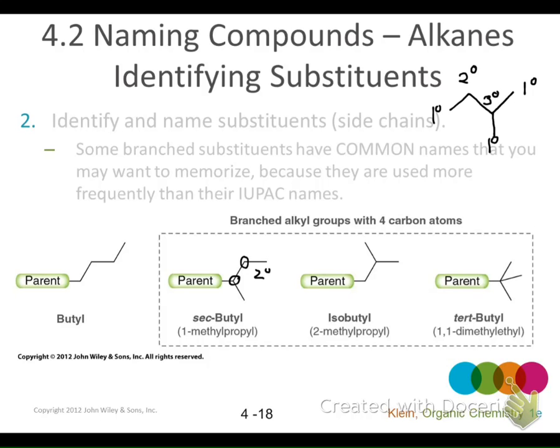And this will be 1, 2, 3, 4. So it's 4 carbons, right? But it's tert because that's the tertiary carbon of the butyl group. Okay? Not counting the thing that it's attached to. Because it turns out the parent, where it's attached to the parent, doesn't have to be a carbon. It could be something else. It could be attached through an oxygen, for example.